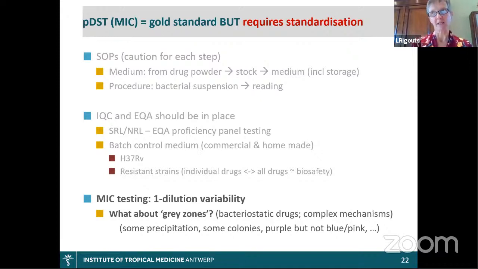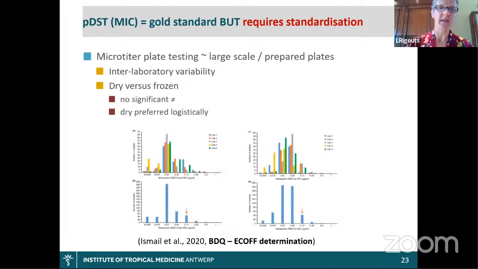But we also have the gray zones, especially in the rapid methods and the microtiter plates, for instance. You have this precipitation that is not always that clear. You have the blue and pink in REMA versus the purple. So there is sometimes difficulty in making the interpretation.